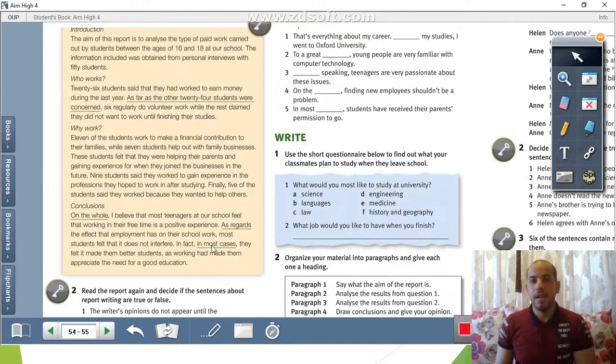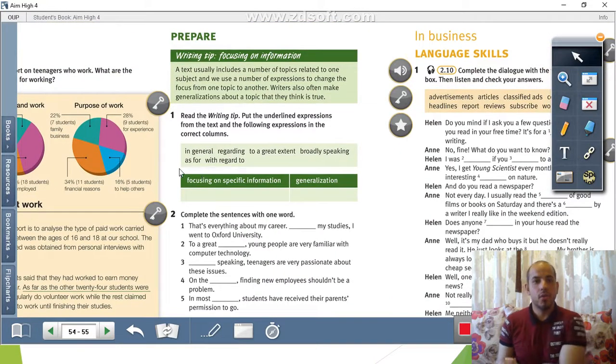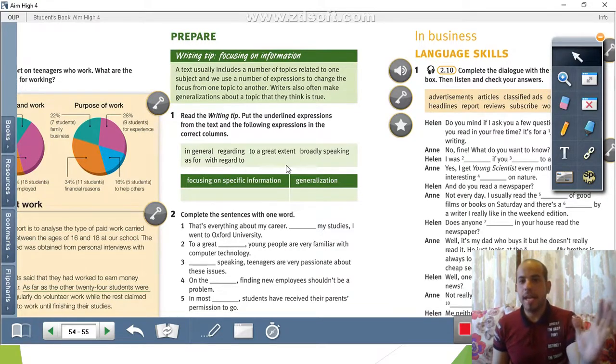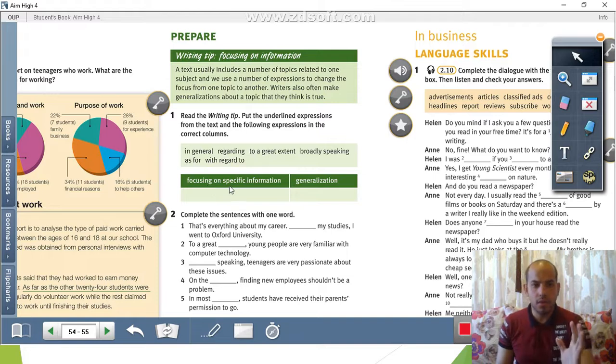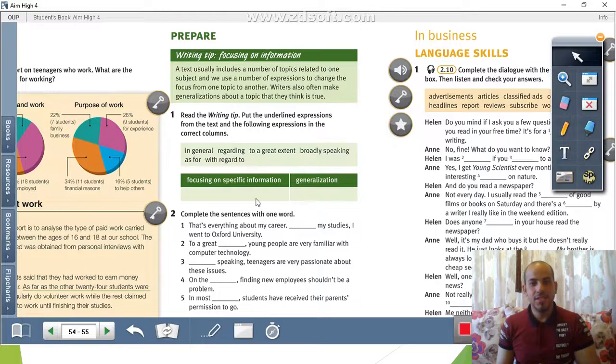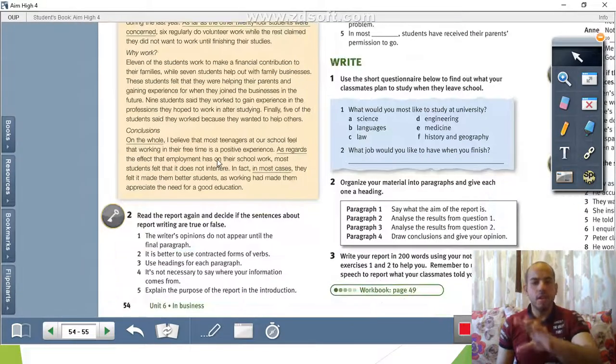Okay. Now here, also, what I want from you is to read number 1 here and tell me which expressions are used to focus on a specific information and which are used to make a generalization. Okay? Then move to your next questions. These 2 questions are so easy.